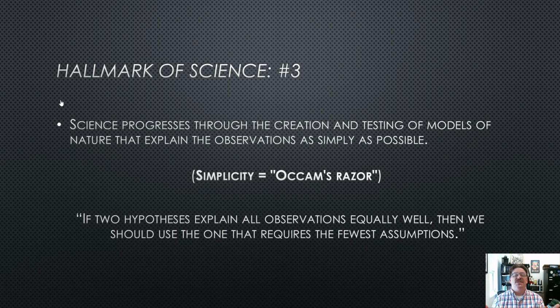Best example of this, and we'll go over this later on, is the Copernican revolution, when the geocentric universe turned into the heliocentric universe. Copernicus's model, which had the sun at the center, was no better at predicting things than the previous geocentric or Earth-centered model, but it was far simpler to use.